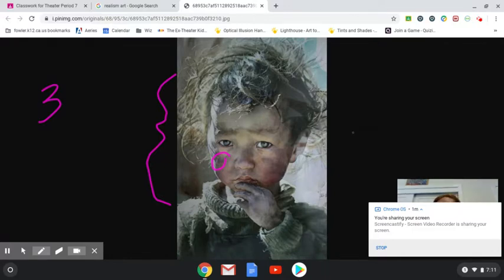Maybe the child is a poor child or a homeless child. This watercolor is very interesting, and I feel that he probably knew this child or probably saw the child on the street somewhere, and maybe took a picture, because the time period that it looks like it's from obviously would show that there are cameras.